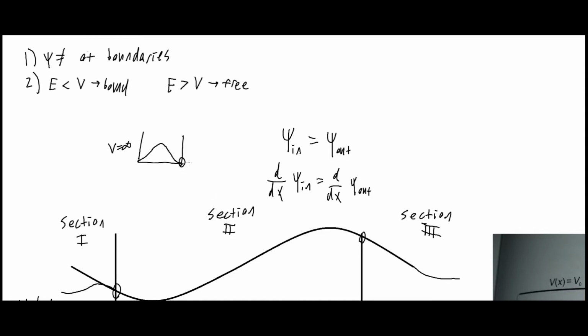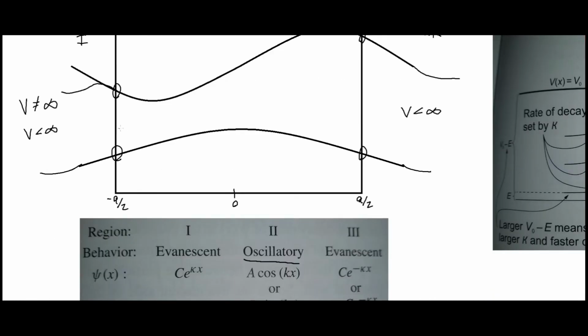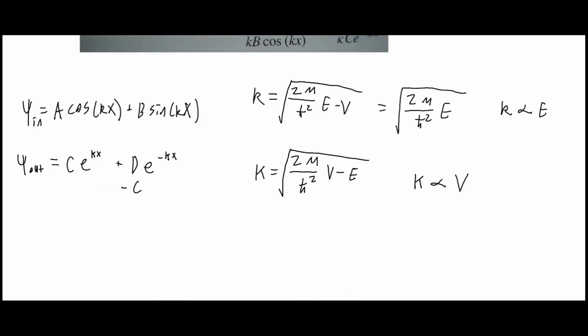It's 0 right at the boundary, whereas if V is less than infinity, then we have a decay that's not instantaneous, so it's not going to be 0 at the boundary, but it's going to decay. But if V keeps getting larger and larger, then the decay keeps getting sharper until it just goes right to 0 at the boundary when V is infinity.